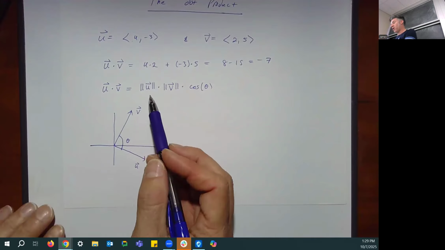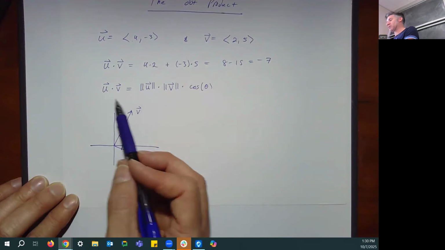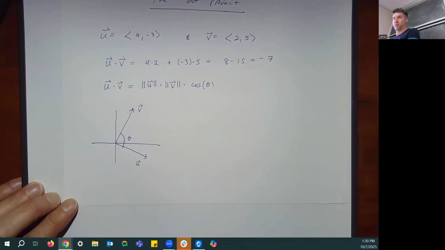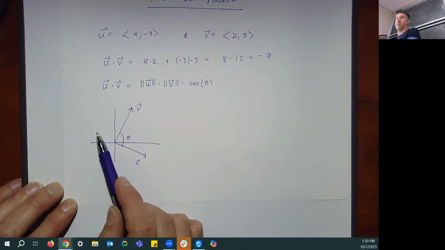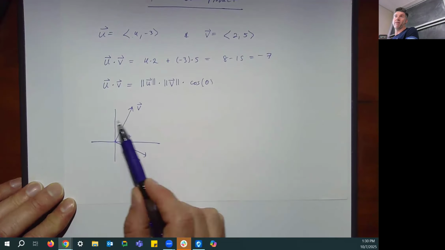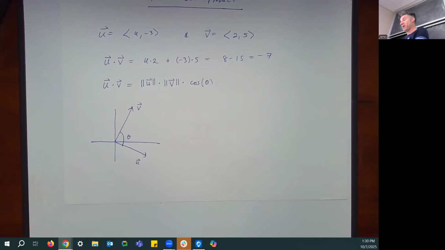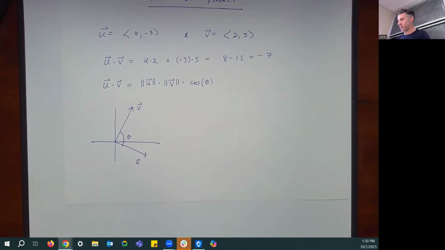Although we don't calculate the dot product this way very often, we do use this expression to help us determine some things about how the vectors are related to each other. This idea comes up when we start talking about the directional derivative and when the directional derivative is maximized. So we'll definitely see this again in the future. So yeah, I just thought this seemed like a good moment to say it.